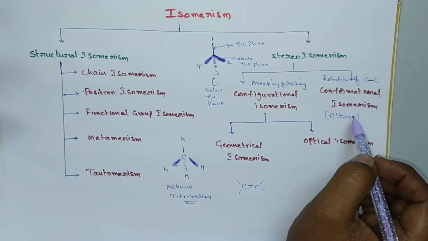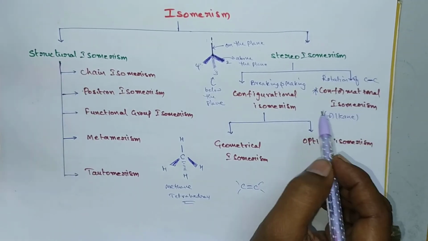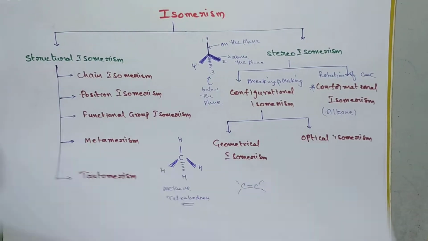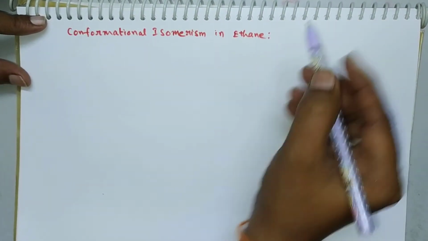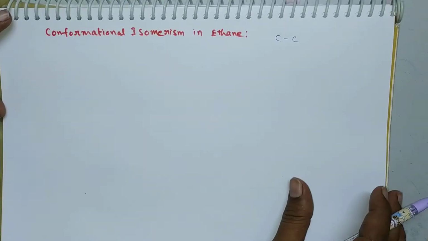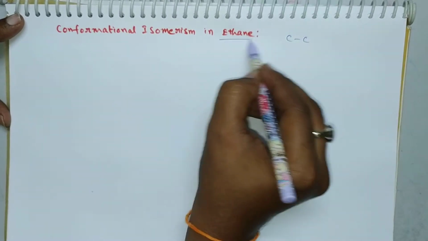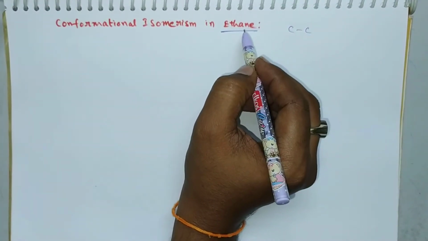Now let us discuss conformational isomerism in detail. It arises due to rotation of carbon-carbon single bonds. Let us take an example of ethane, which belongs to alkanes.